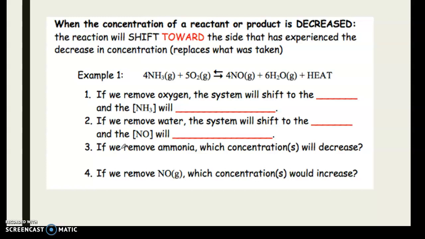I'm going to say that again: whatever substance is decreasing, we're going to shift back to that side because we must replace what was taken. So oxygen over here is being removed. The system will shift towards the reactant side because we need to replace what we took away. And then NH3, by default, because now the concentration is focused over here, would increase.